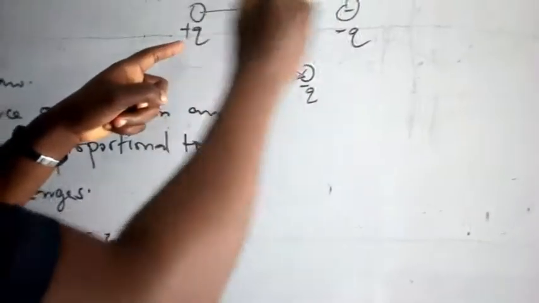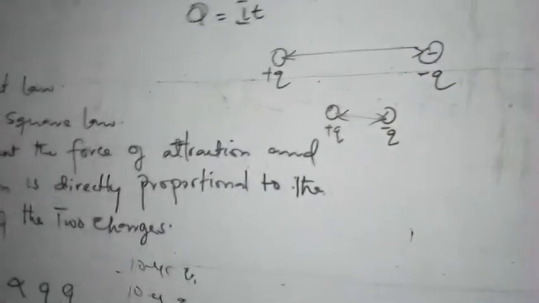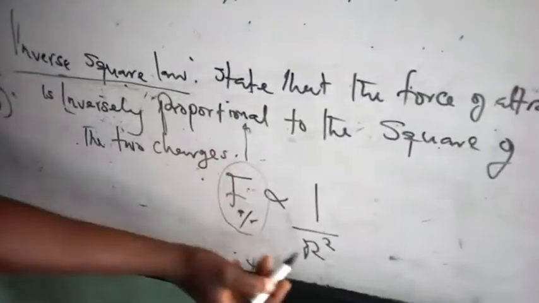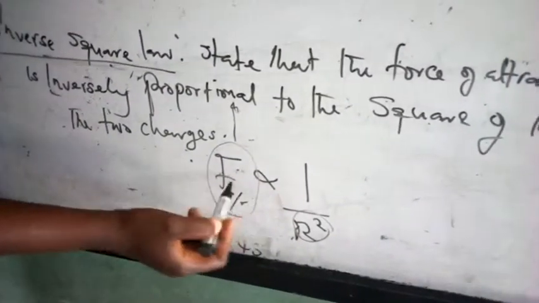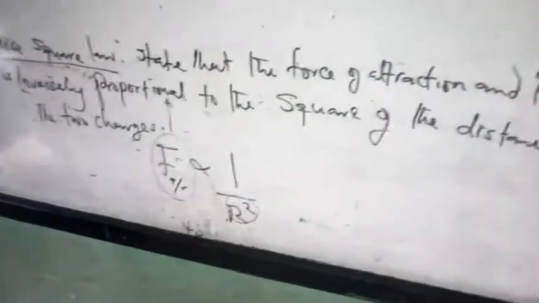So the distance actually varies. If this force of attraction is very high, the distance is very small. If the force of attraction is very small, the distance is very high.